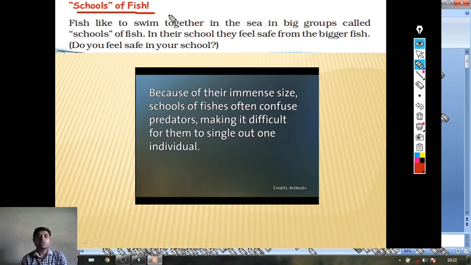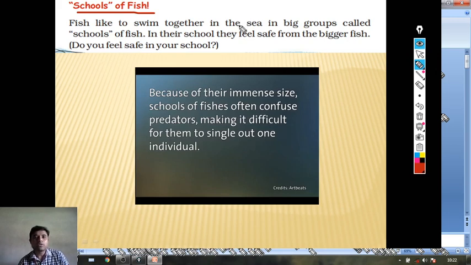Similarly, fishes have school like you. They go to school with bag, book. Actually, here school indicates a group of fish. Okay, a group of fish.